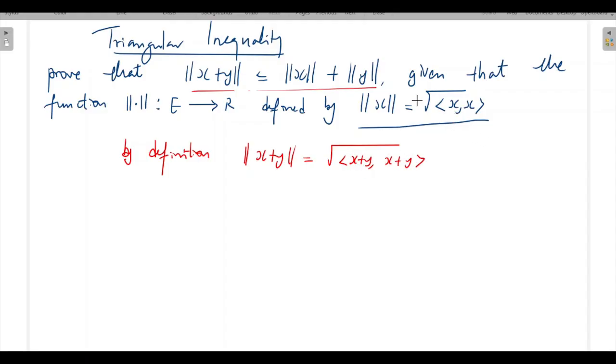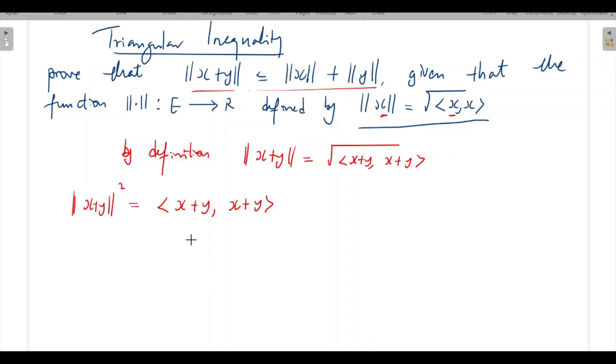Do not forget, I'm talking about this. From the definition of norm, this is equal to this. Now, if that is the case, square both sides, and you have the norm of x plus y squared, which is the same thing as x plus y, comma, x plus y.